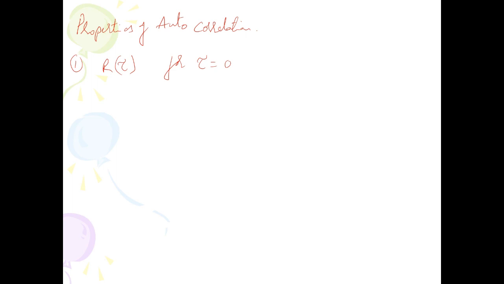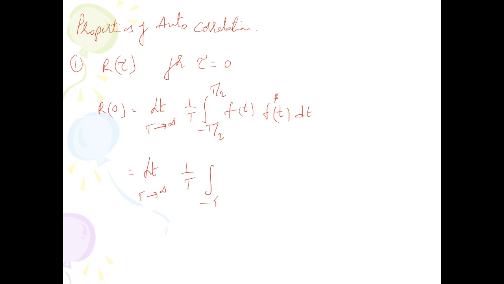That is, R of 0 is equal to limit T tends to infinity 1 by T integral minus T by 2 to plus T by 2 of f of t times f star of t at tau equal to 0 dt, which is limit T tends to infinity 1 by T integral of mod f of t whole square dt, which is nothing but the power of the periodic signal. This is equal to P.